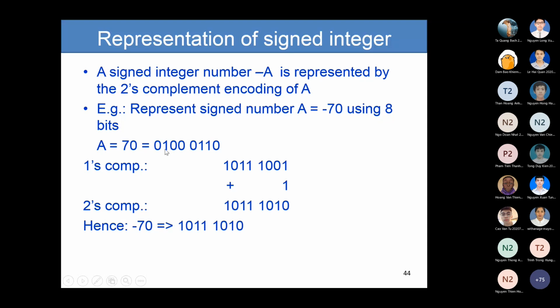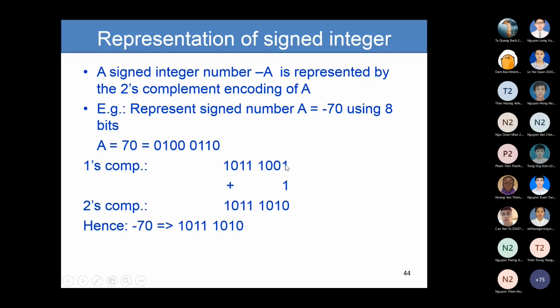So we obtain the result 70 equal to 0, 1, 0, 0, 0, 1, 1, 0. Then we find the first complement of 70 by using the NOT function. So the first encoding is 1, 0, 1, 1, 1, 0, 0, 1. That is the first encoding.